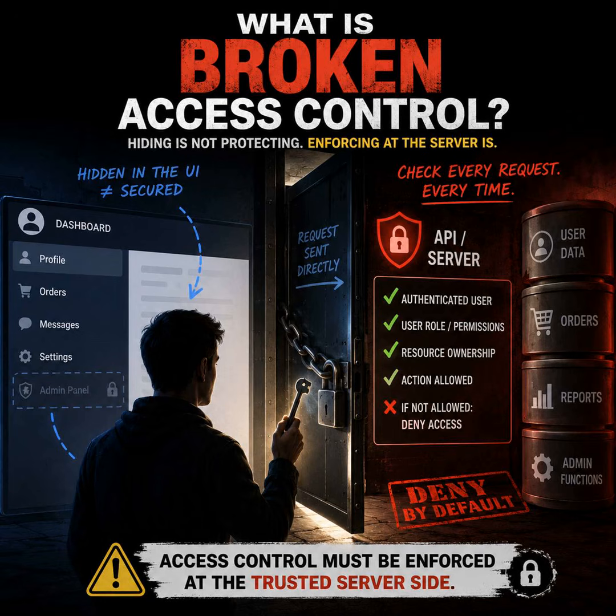The central distinction is simple. The interface can guide the user, but the trusted application layer must make the security decision. People confuse these ideas because a hidden menu item feels inaccessible during ordinary use. Security cannot rely on ordinary use because every request must be evaluated according to policy, regardless of how that request was created.